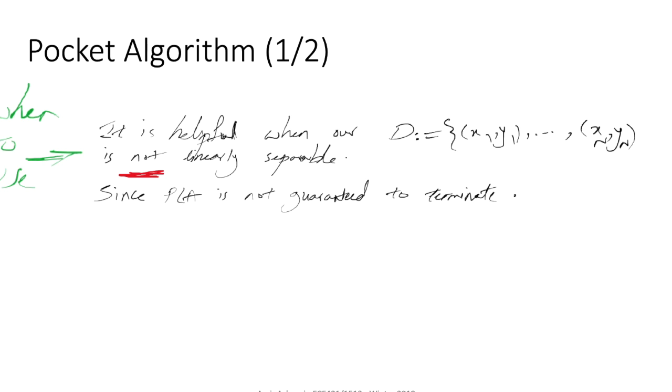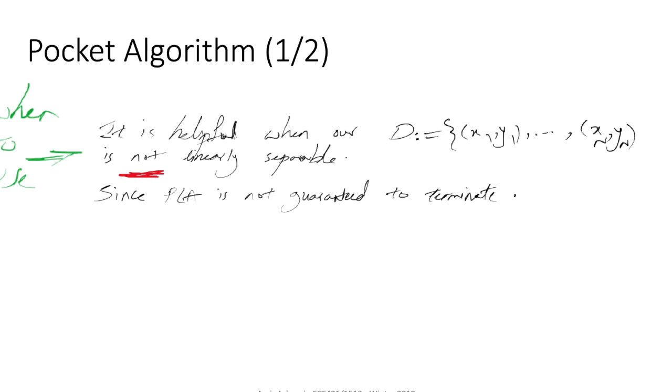So one of the perfect cases for using the pocket algorithm is when your data is not linearly separable, so PLA won't stop. It's going to iterate forever because it can't converge. It's going to find another misclassified point, and by switching the line towards that, it's going to misclassify other points, and this vicious cycle carries on forever. So the pocket algorithm saves the best found model, so at least we won't go worse than what we've been.